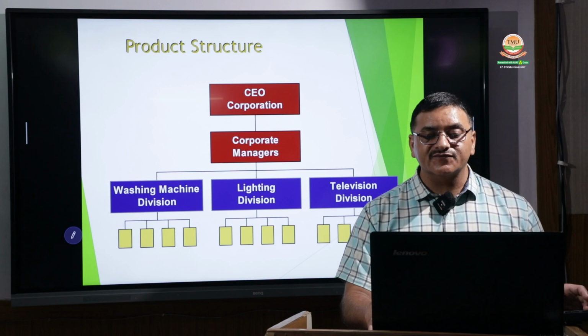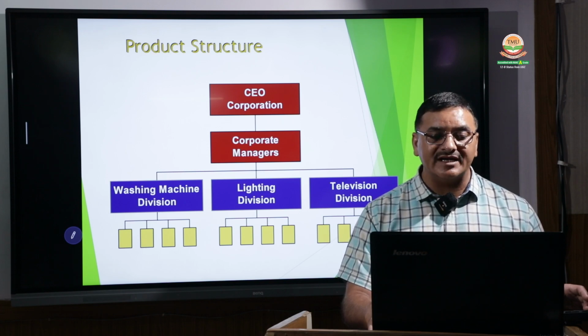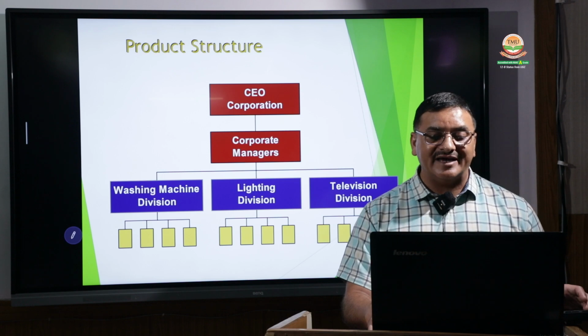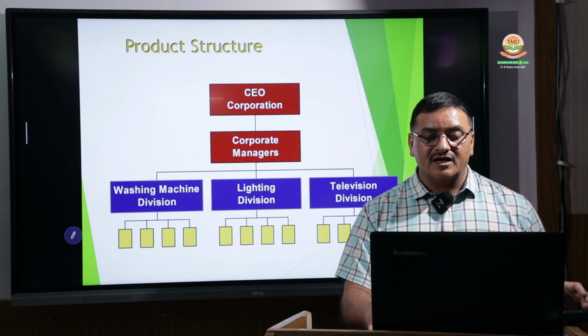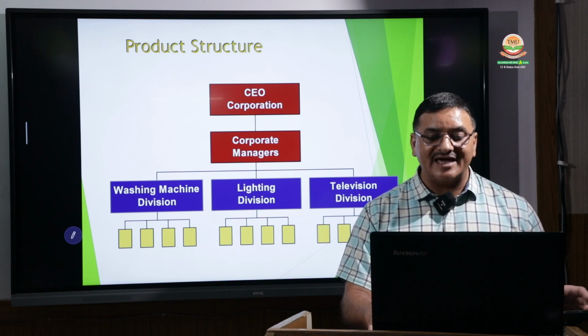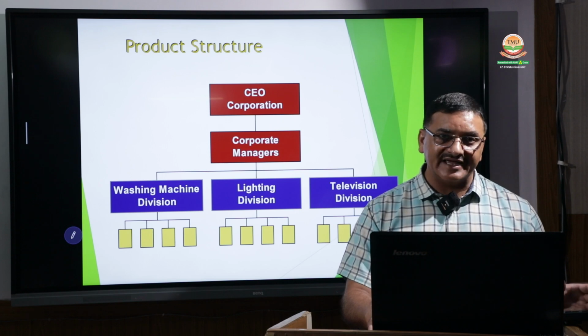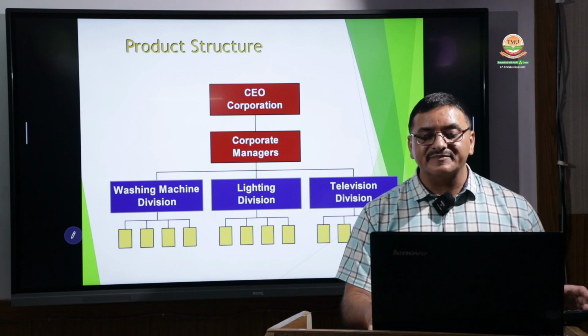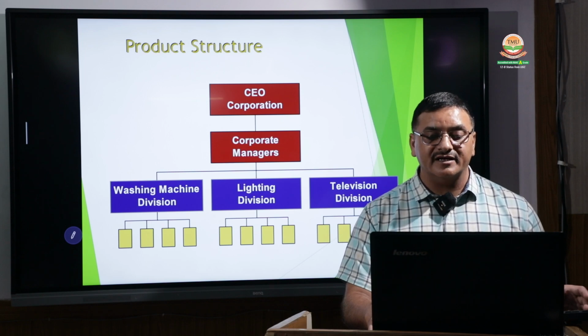Secondly, it introduces flexibility into the system, as the product manager can act quickly to changing market conditions, since he has the overall responsibility for managing the product as well as the profitability associated with it, and also does not have to waste time taking consultation or advice. Quick reaction and timely action sometimes prove to be the winning factor in a fast changing market situation.